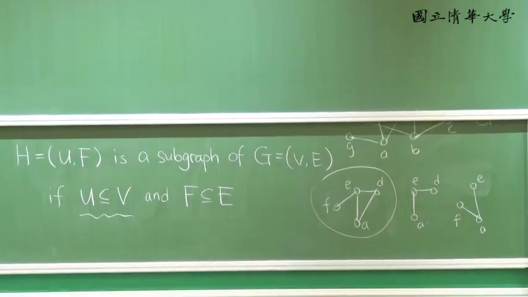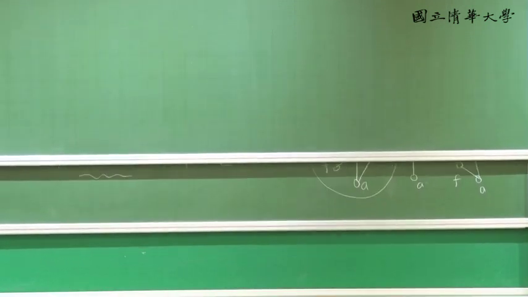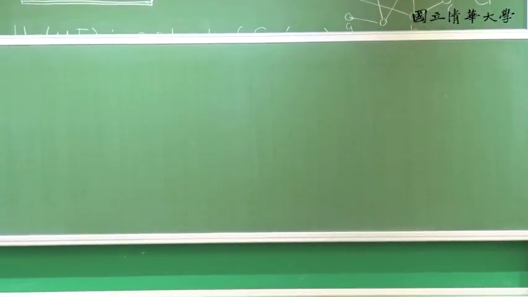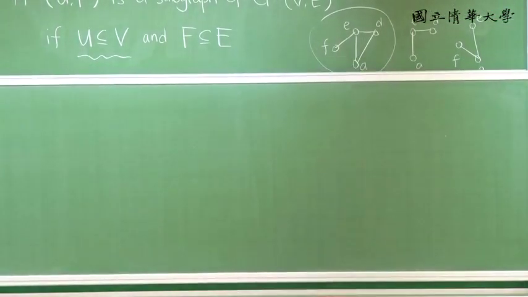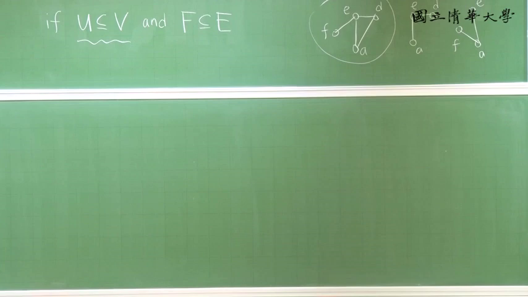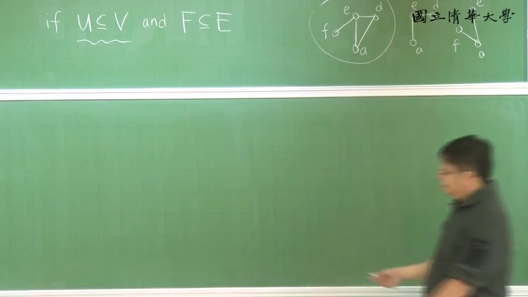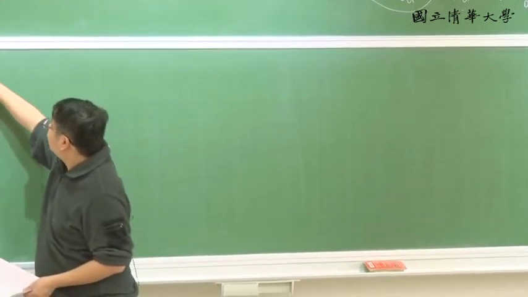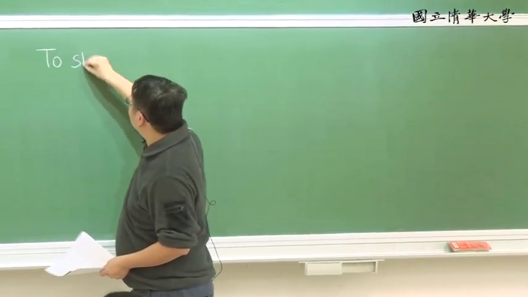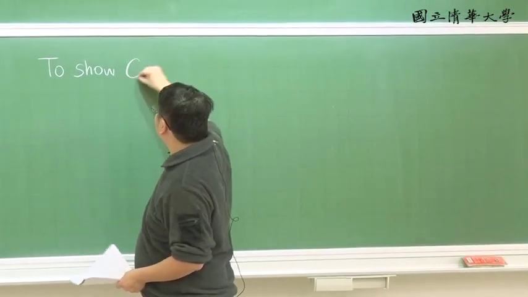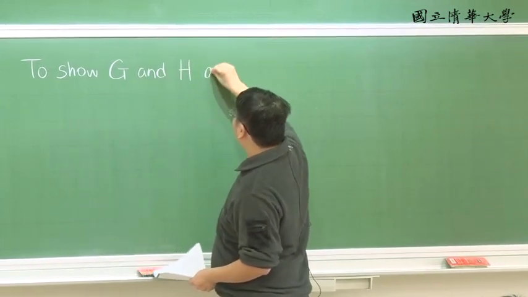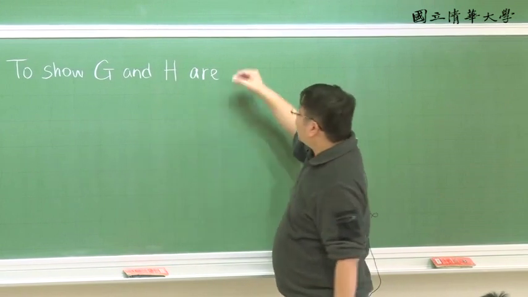Now let us take a look at some examples about the concept of isomorphism. Suppose that we want to show two graphs, G and H, are isomorphic.